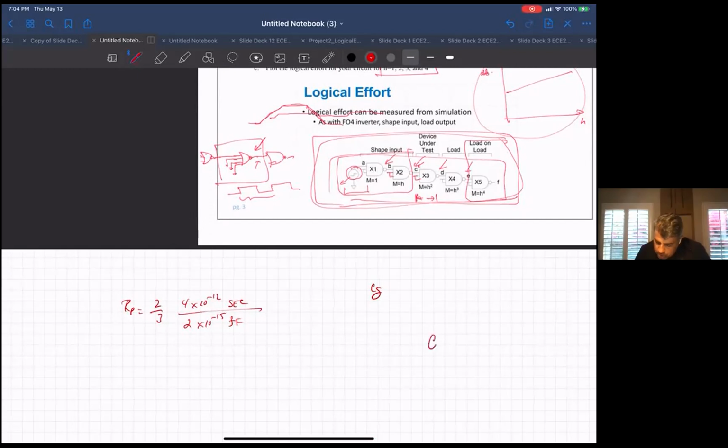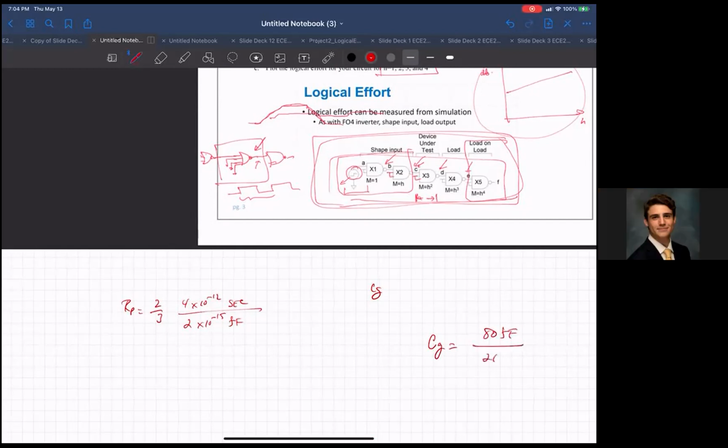Wait. So C_G, you had 80 femtofarads divided by 28.8 microns. Now you shouldn't plug in this because you want to get it per micron, not per meter. So don't do the 28.8 times 10. It'll be like 2 times 10 to the minus 15-ish, or 2.8.